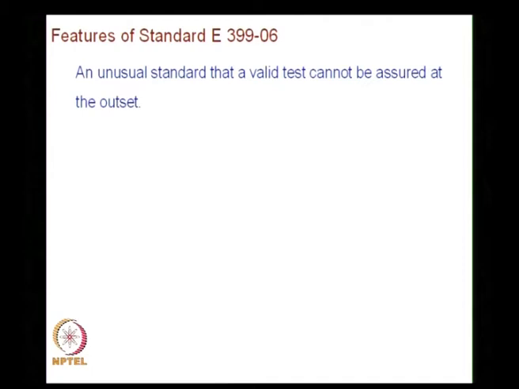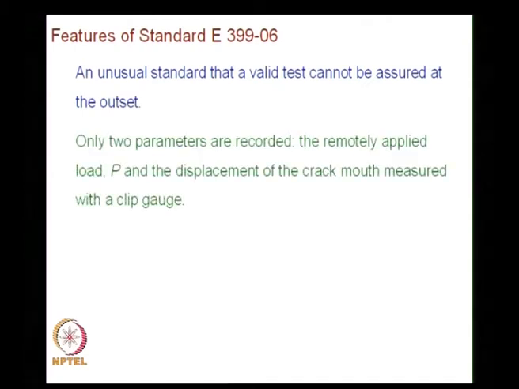We have seen, you have to find out KQ, and if KQ satisfies all your restrictions in terms of specimen dimensions, crack length, pre-fatigue cracking restriction and so on, then you call it fracture toughness. So, it is a very unusual standard from that point of view.